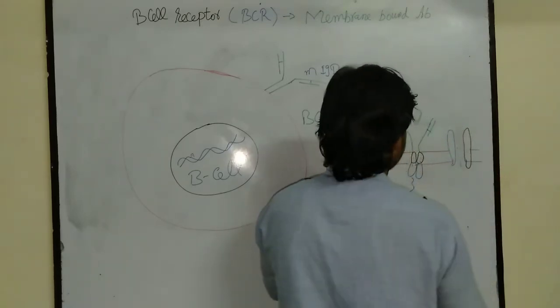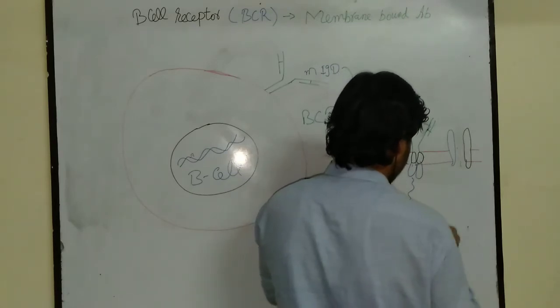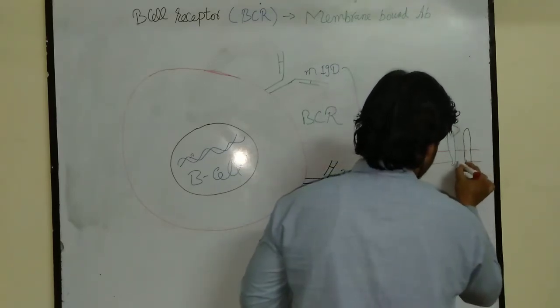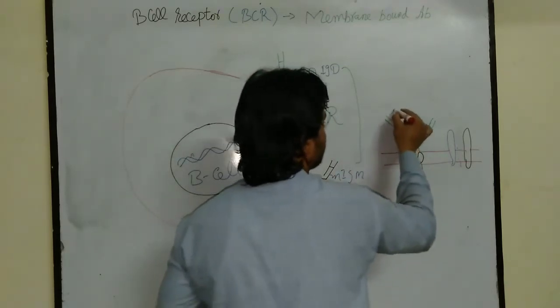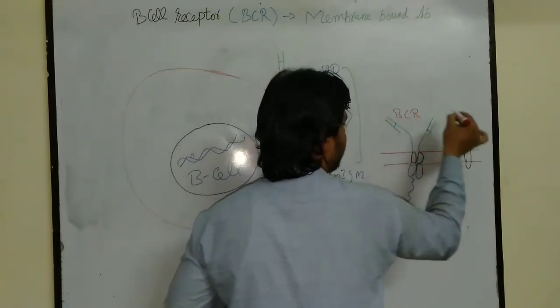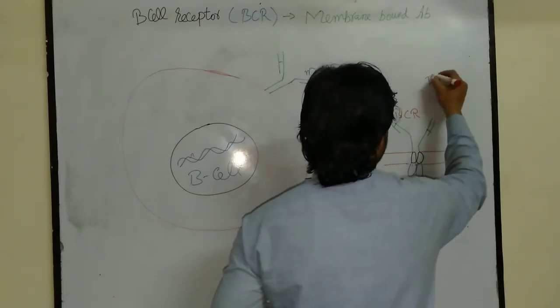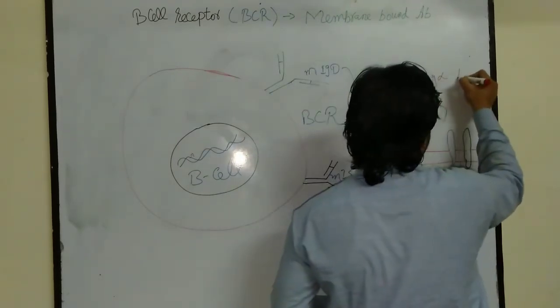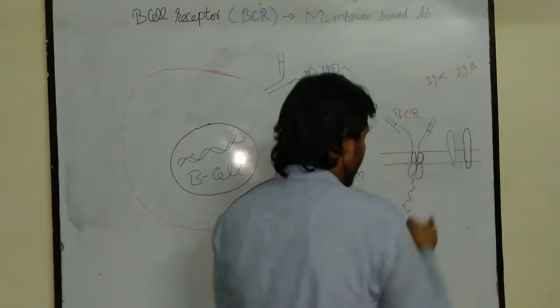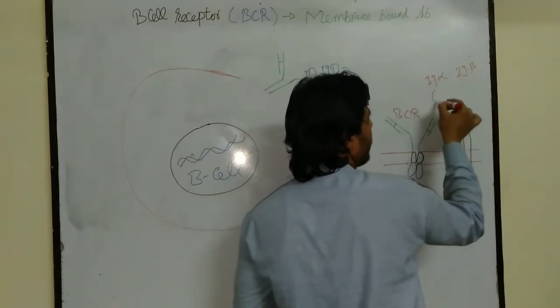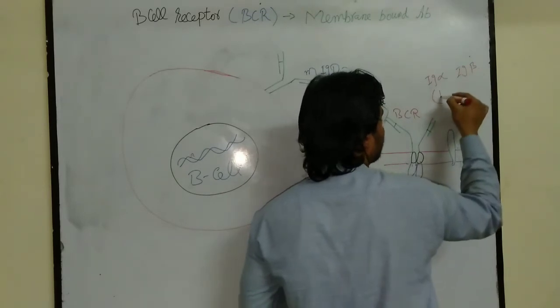These two molecules are called Ig alpha and Ig beta.